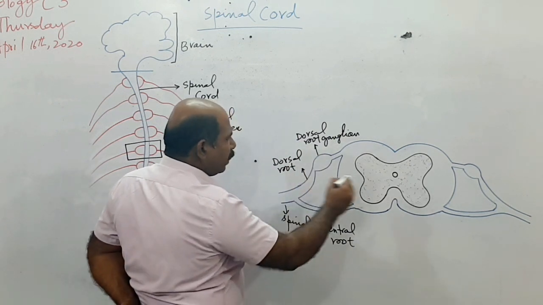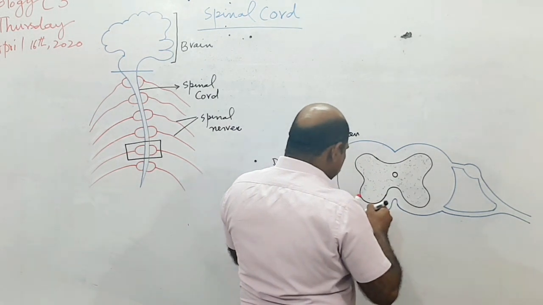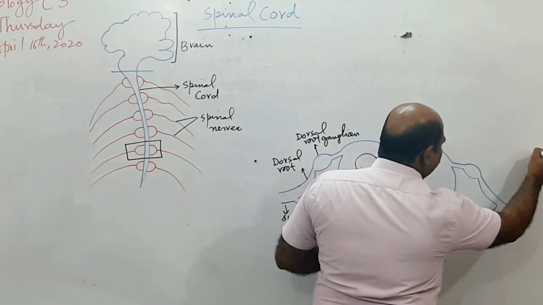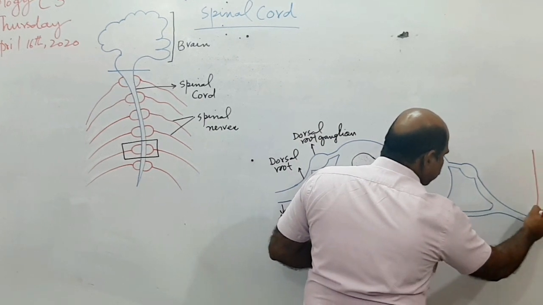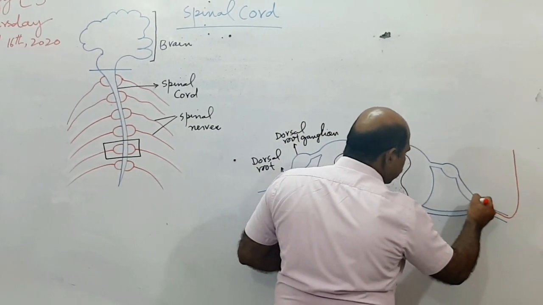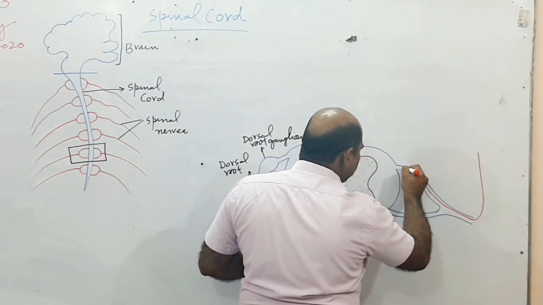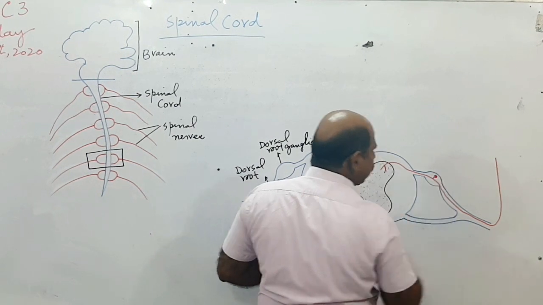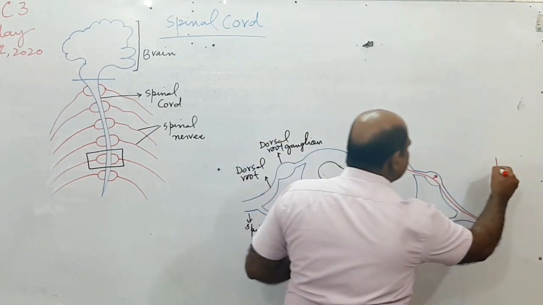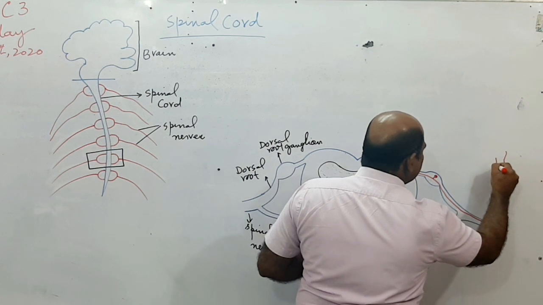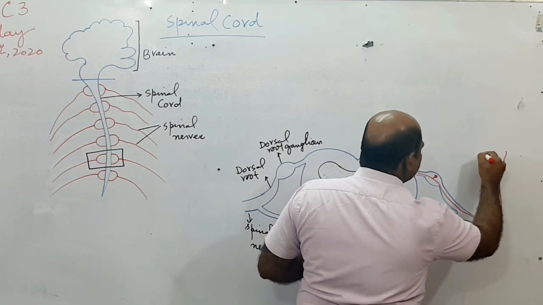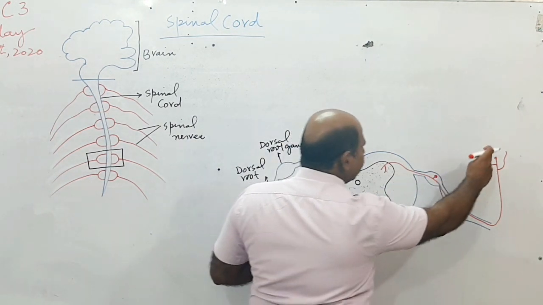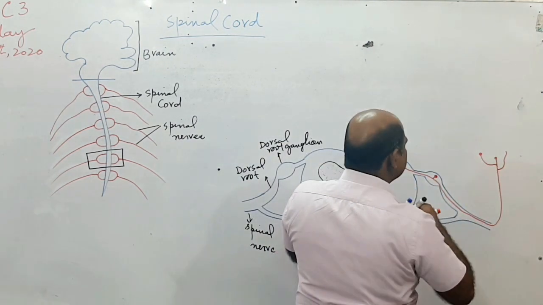Here, this spinal nerve is composed of a large number of neurons. So one neuron is coming. This is, not spinal, this is the sensory neuron coming from a sense organ.